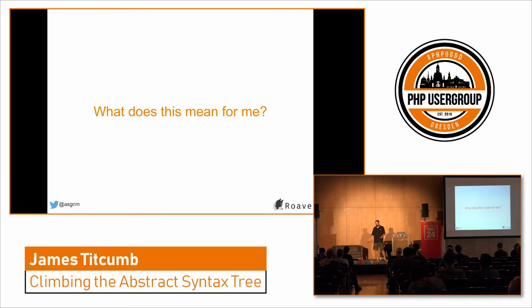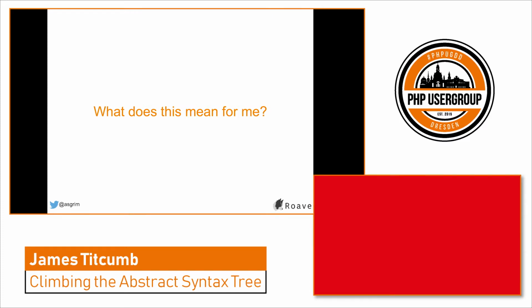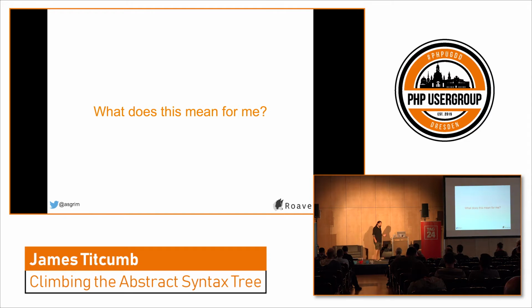But all the other languages have these, or most of the other languages at least, that work in a similar way, right? These languages like JavaScript, Java, C#, things like that, they all have this abstract syntax tree step in their compilation process, because it's an efficient way of doing it.